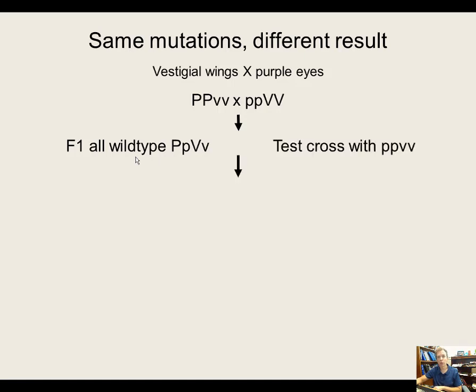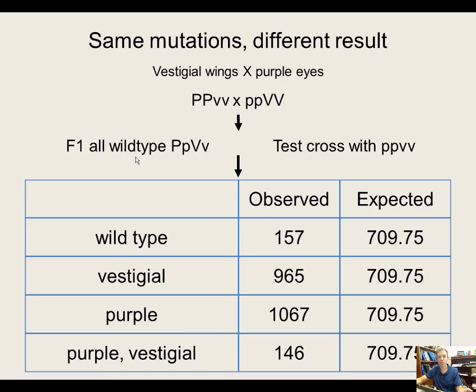And when test crossing, it should give the same results as the previous cross. However, very different. Now, the single mutations, vestigial or purple, show greatly enhanced numbers compared to what we expected. And the wild type was greatly reduced, as was the double mutant. What the heck is going on?